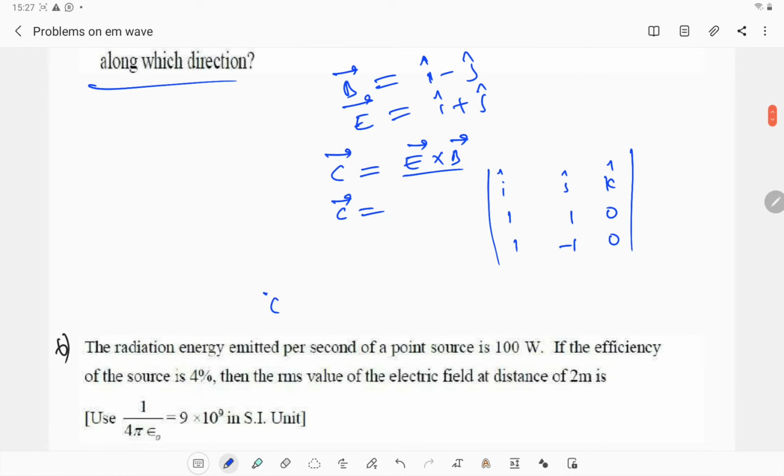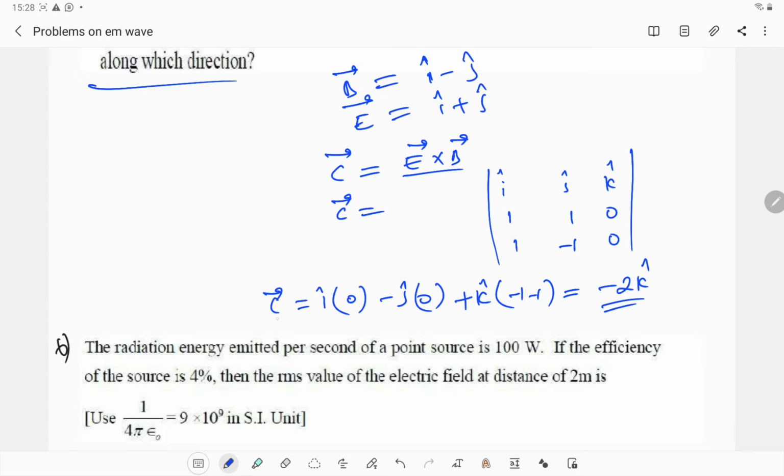From this, C bar is equal to i cap into (row and column cancel, this becomes 0), minus j cap into (row and column cancel, this is 0), plus k cap into (minus 1 into 1, minus 1, here already is minus 1), this becomes minus 2 k cap.